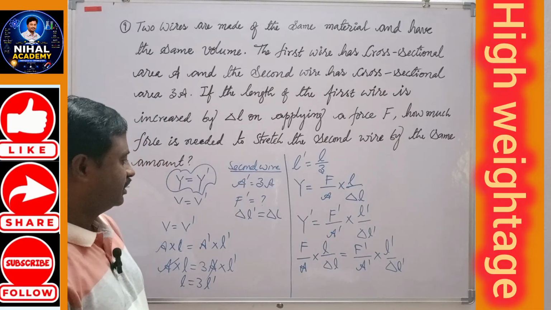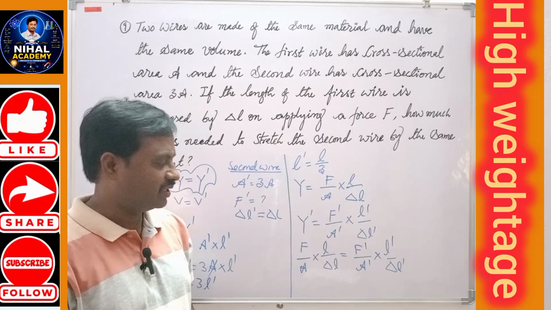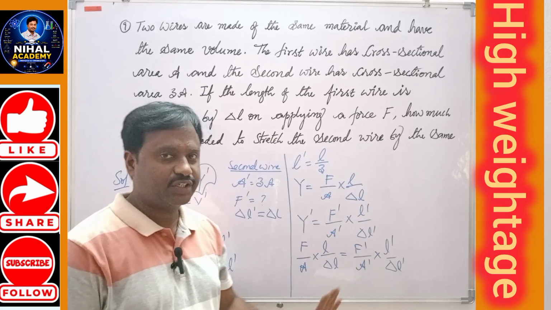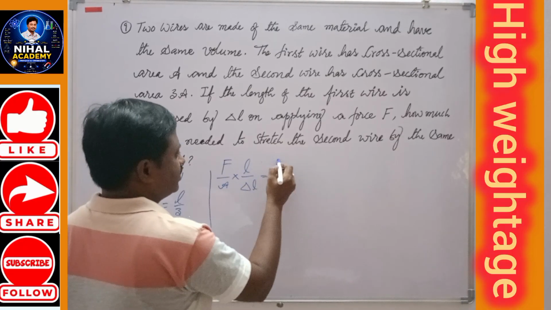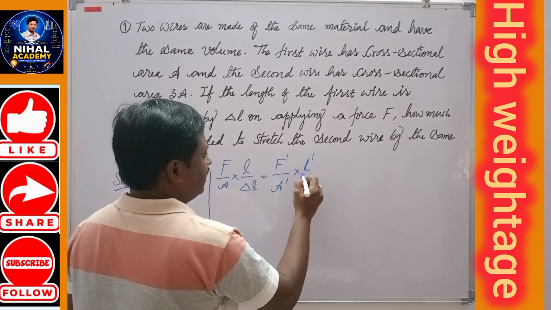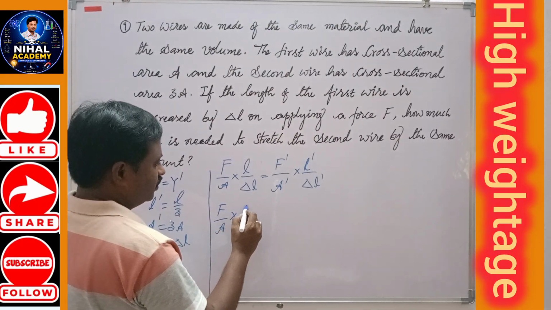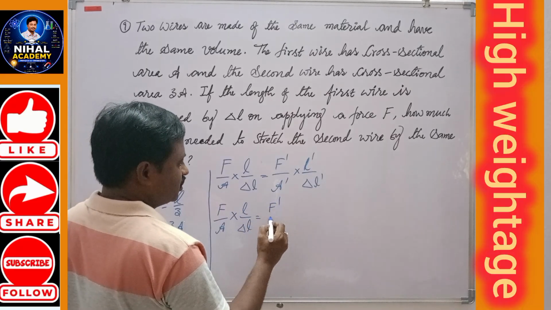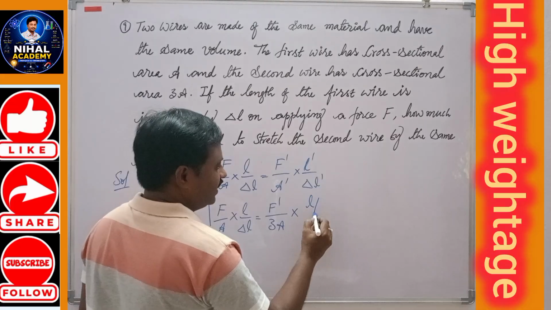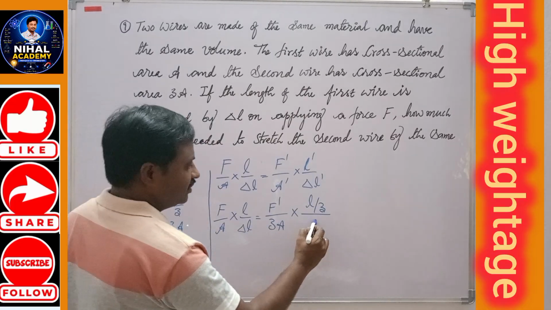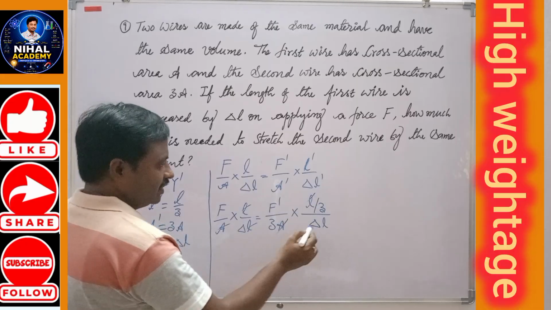Now we'll substitute that information. A dash is equal to 3A and L dash is equal to L by 3 in this formula, and delta L dash is equal to delta L. So F by A into L by delta L is equal to F dash by 3A into L by 3 by delta L. Now on either side A we can cancel, L we can cancel, and delta L we can cancel.